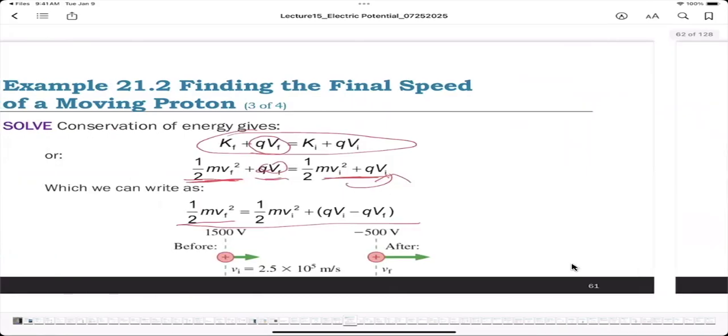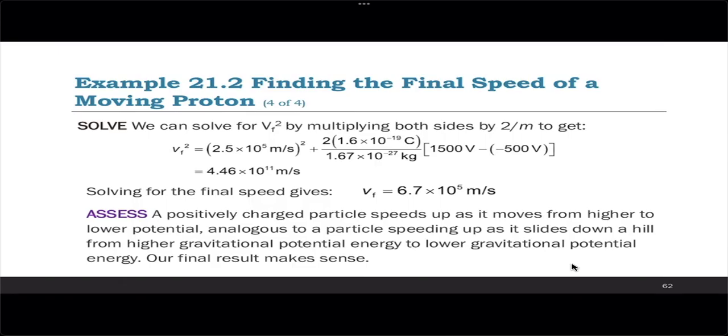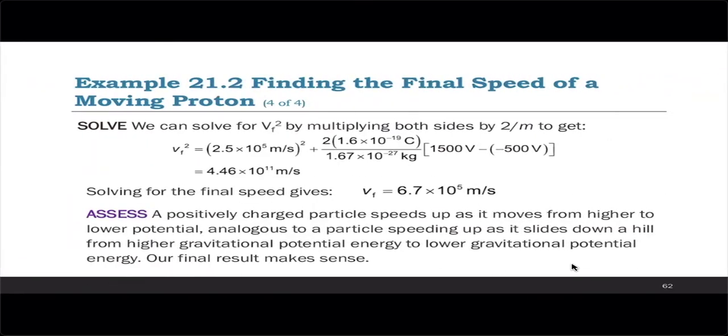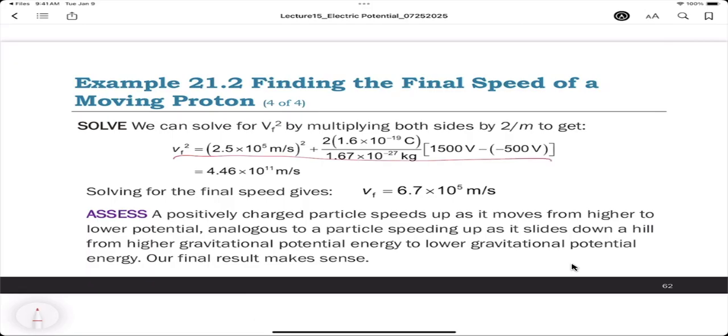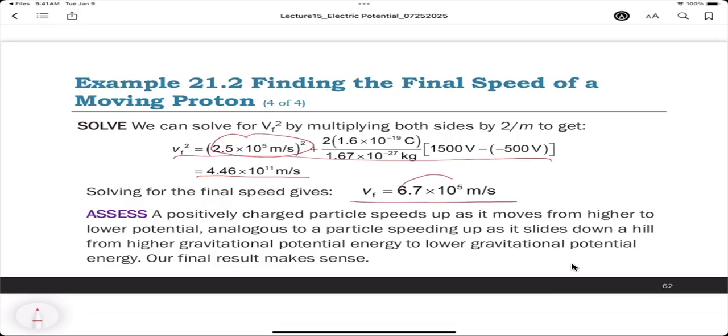Because you want to calculate the final velocity, you put the values you know into this equation, and then you get the final speed equal to this value. A positively charged particle speeds up as it moves from higher to lower potential. You can see this is the initial speed, and this is the final speed. It is bigger than the initial one.